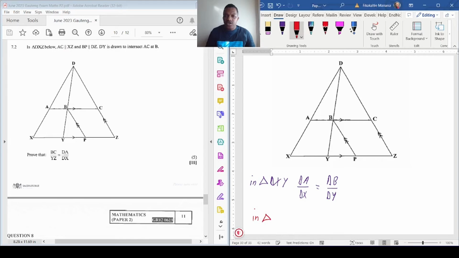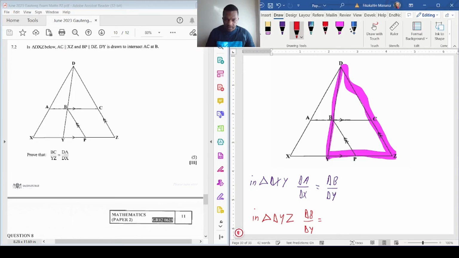This time in triangle DYZ, which is in fact this triangle, right? Now I'm gonna start with the same DB over DY.